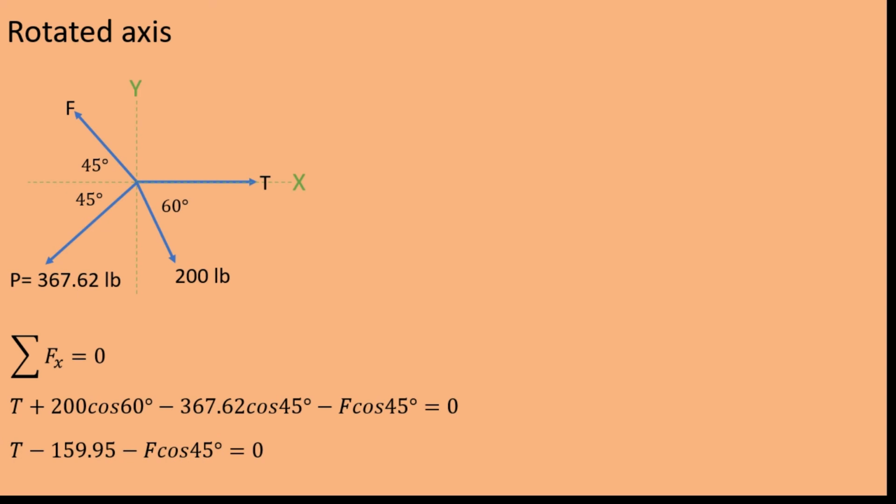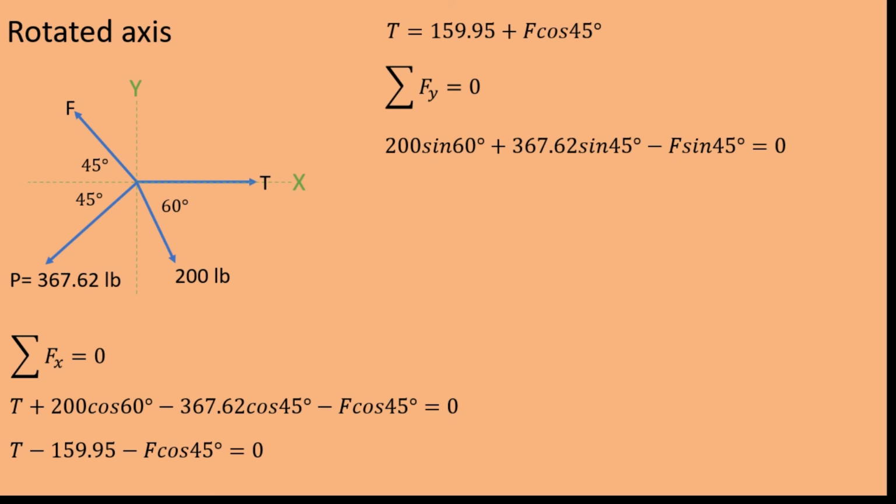Then we have T minus 159.95 minus F cosine 45 degrees, which is equal to 0. So to simplify that, T is equal to 159.95 plus F cosine 45 degrees.